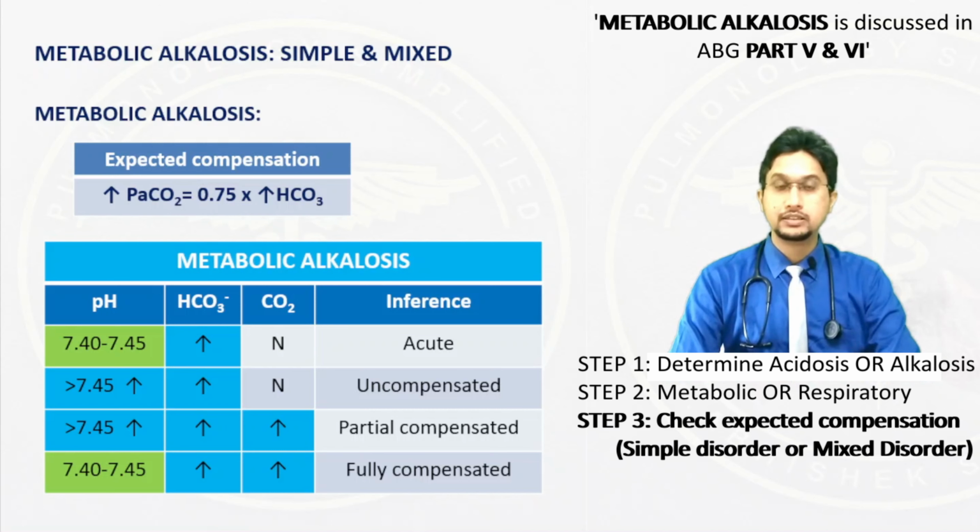After applying the expected compensation formula, if the carbon dioxide matches the carbon dioxide which is elevated, it is still a simple disorder. In case the carbon dioxide that is determined through the formula is not matching the carbon dioxide that is elevated here, it means that there exists a mixed disorder.